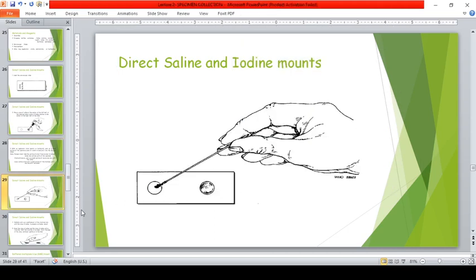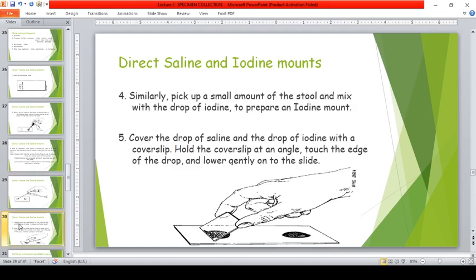So, ayan. So, mix. You mix the sample with the saline or the iodine depending on the consistency. Okay, and then similarly, pick up small amount of the stool and mix with the drop of iodine. Okay, to prepare an iodine mount.